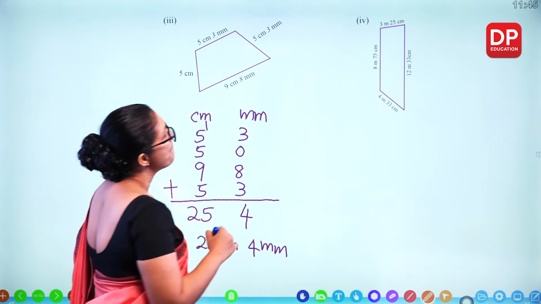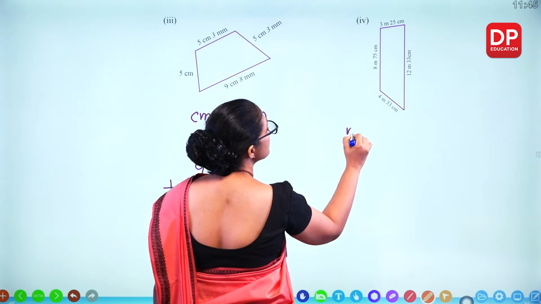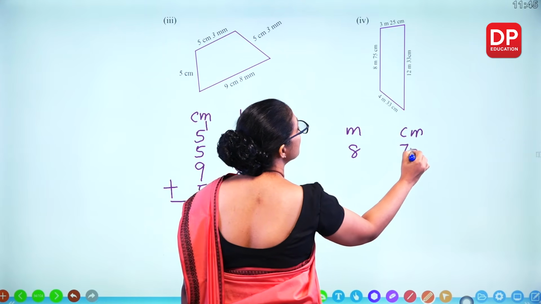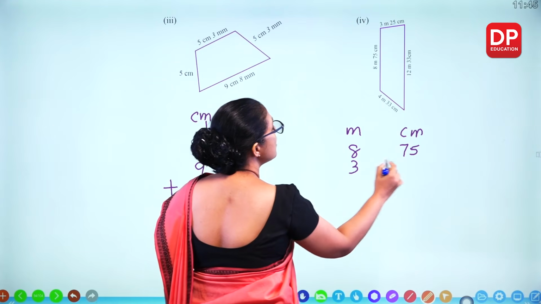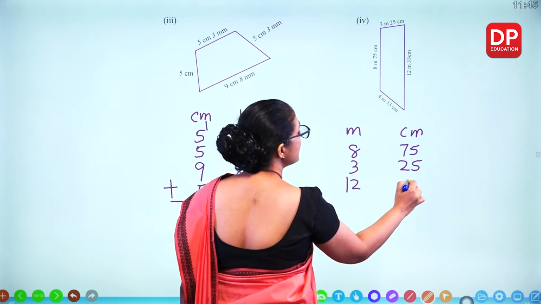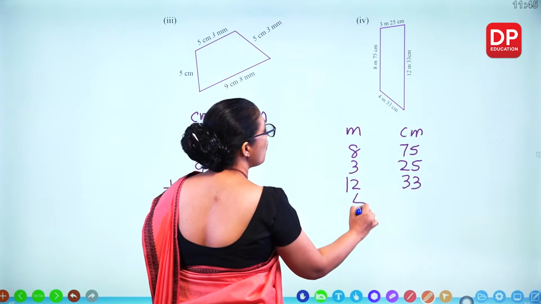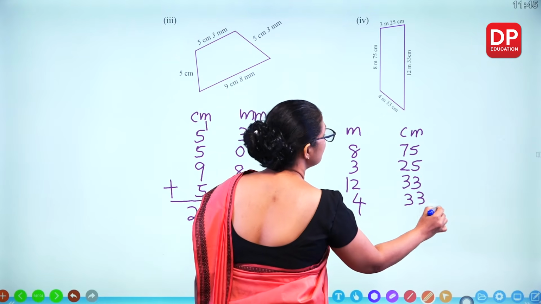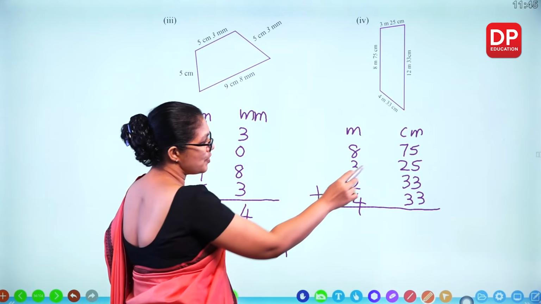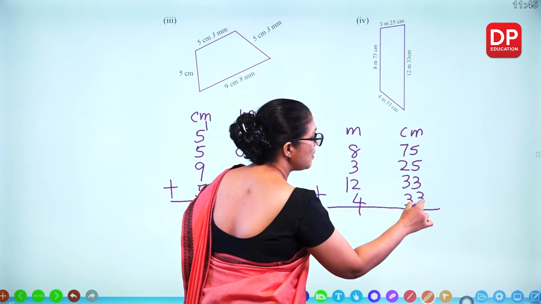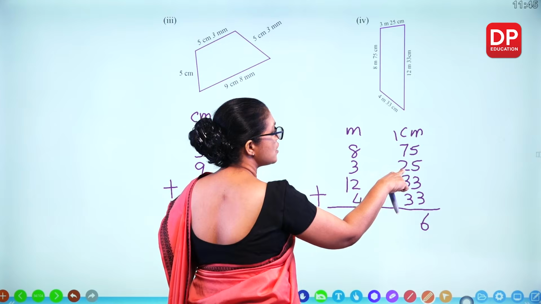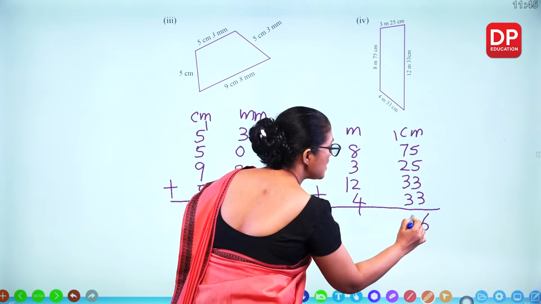This one, meters and centimeters. 8, 75. 3, 25. 12, 33. 4, 33. Add it together. 5 and 5, 10. 10 plus 3, 13. 13 plus 3, 16. 1 you can take here. 8 plus 2, 10. 13, 16.